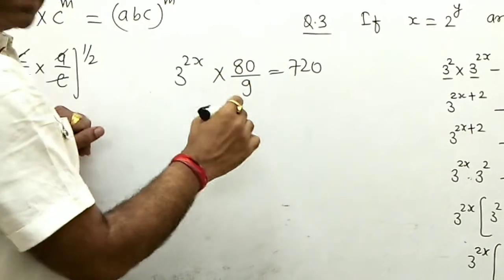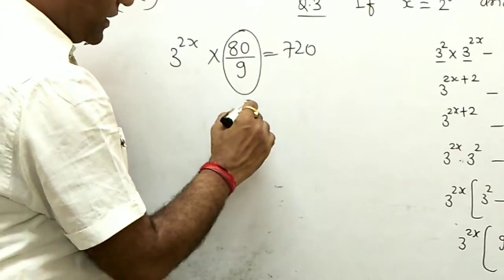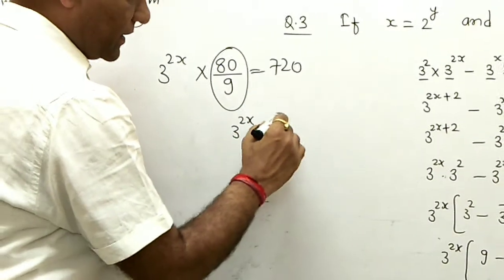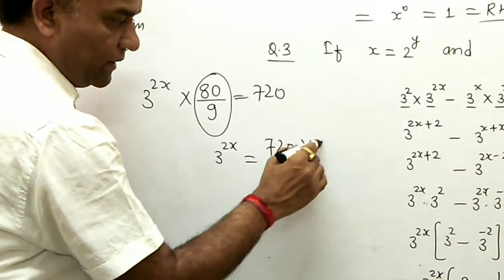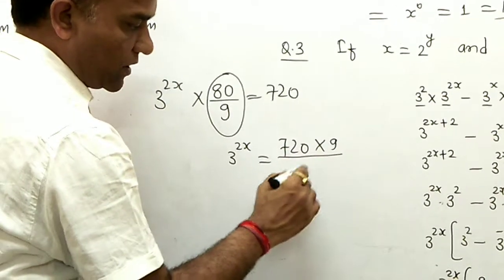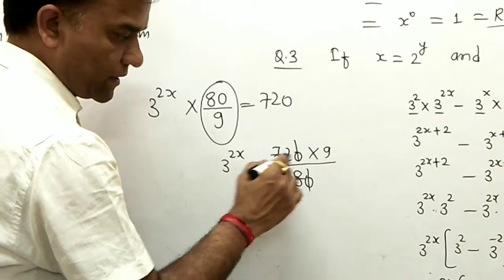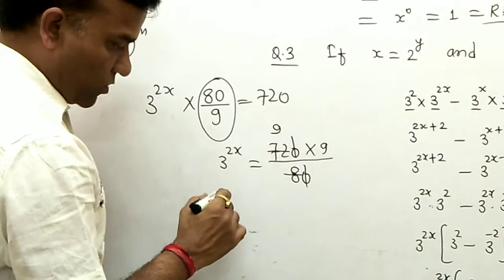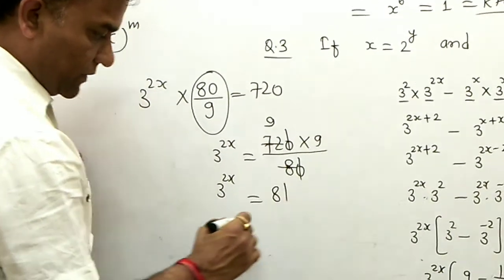First we move this number to the right hand side by cross multiplying: 9 goes to the numerator and 80 to the denominator. Now this 0 is cancelled out. 8 nines are 72, so you have 3 to the power 2x equal to 9 nines, which are 81.